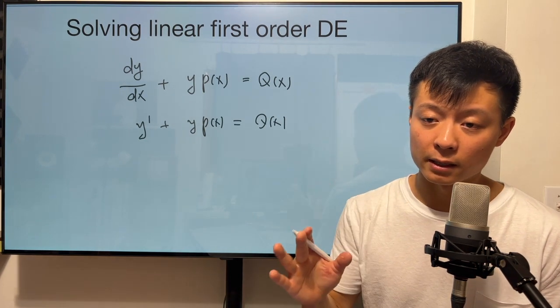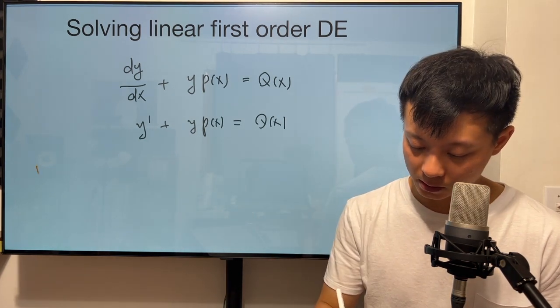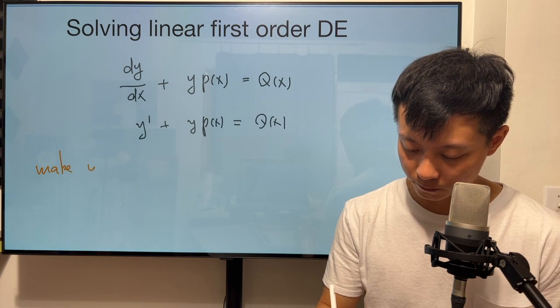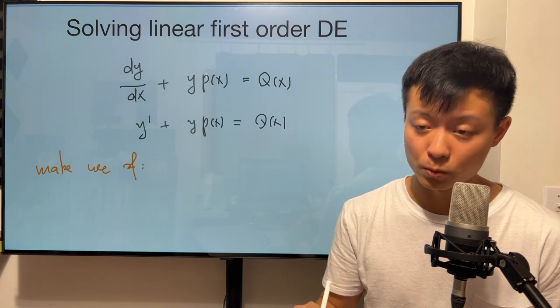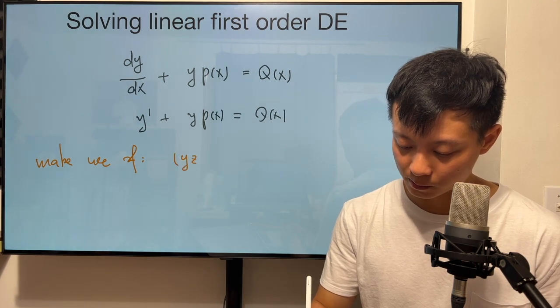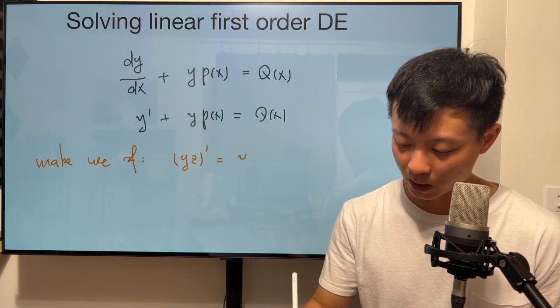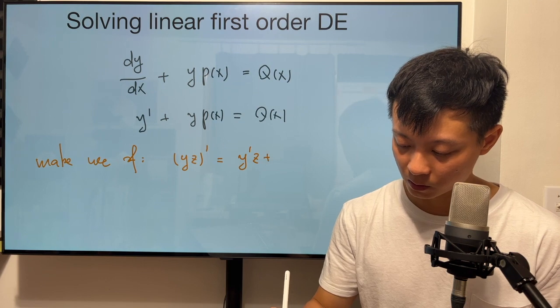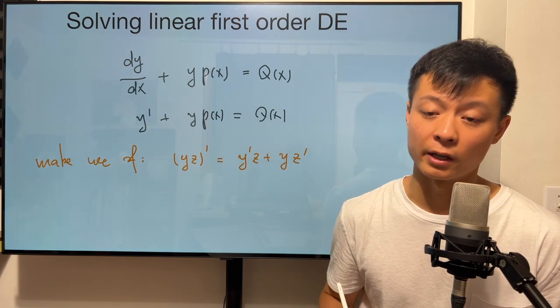Then our main idea of solving it is to make use of the product rule of derivatives, which is (yz)' equal to y'z plus yz'.